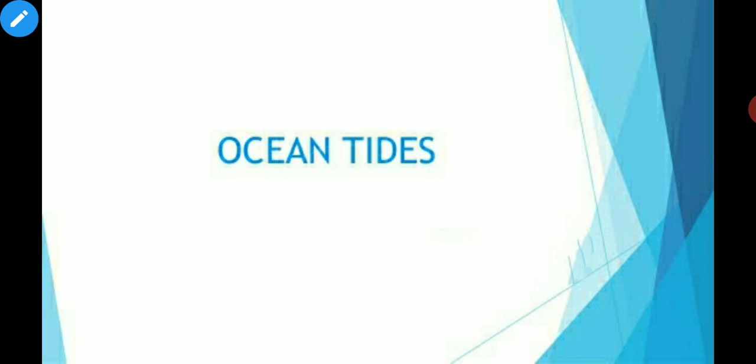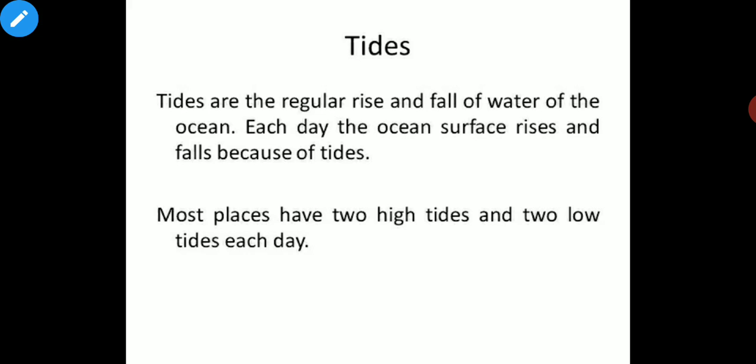Now our another subtopic is tides. Every day at regular intervals, the seawater generally rises and falls twice. This phenomenon of alternate rise and fall in the level of seawater is called tides.